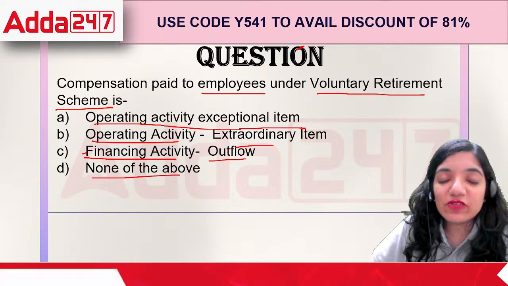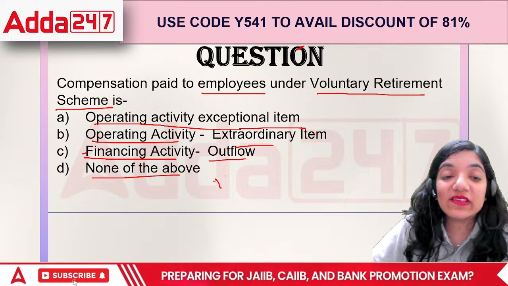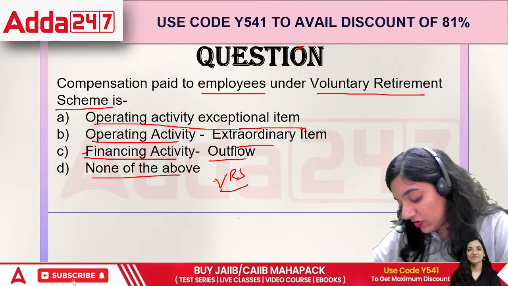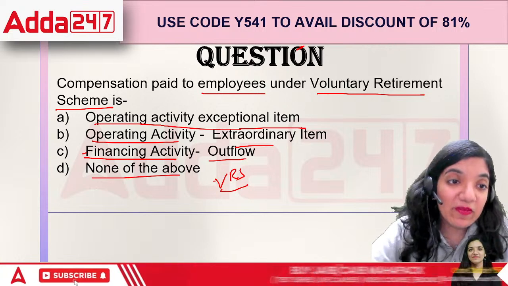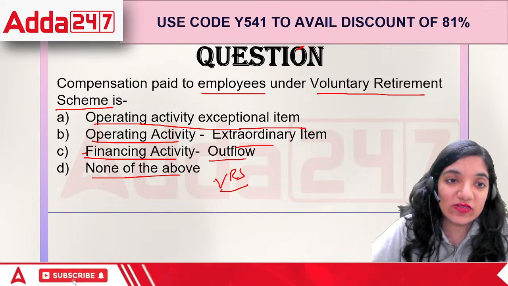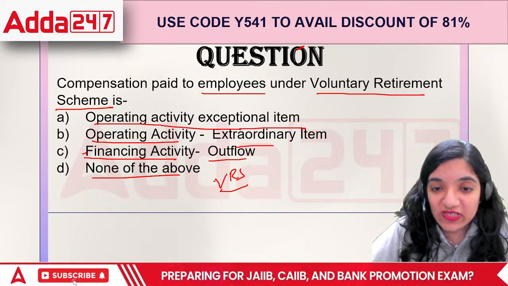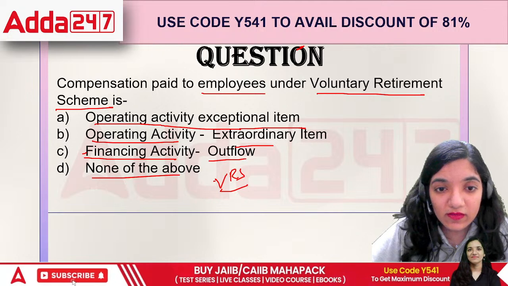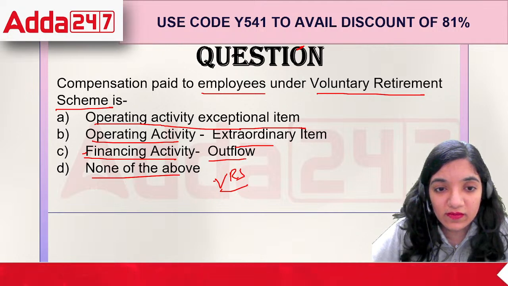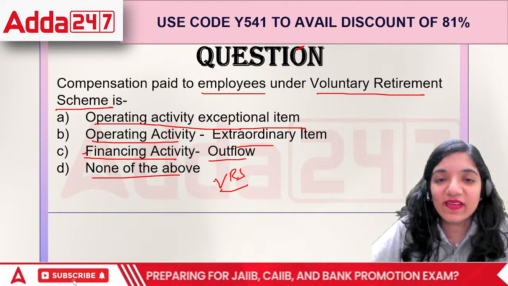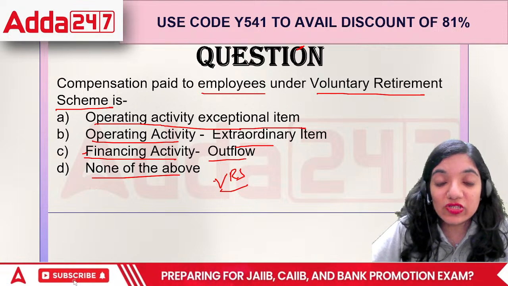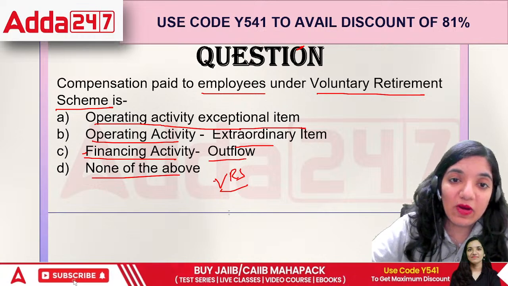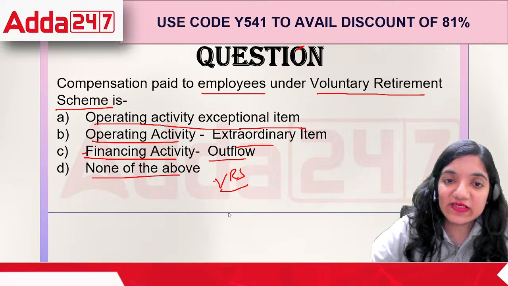Any compensation given to the employees as a VRS, voluntary retirement scheme, when people are leaving the organization, when someone is retiring from the organization, that person who is retiring will get the voluntary retirement amount. That is what they call VRS.